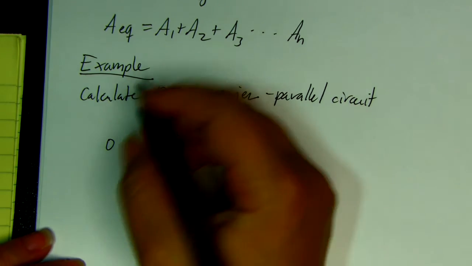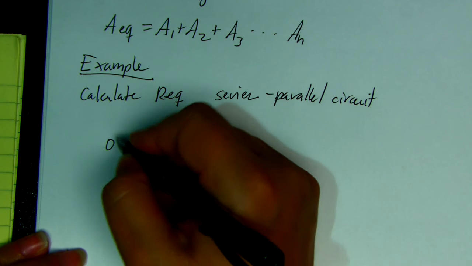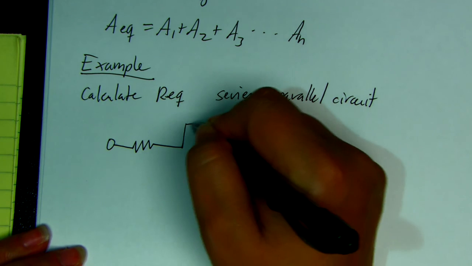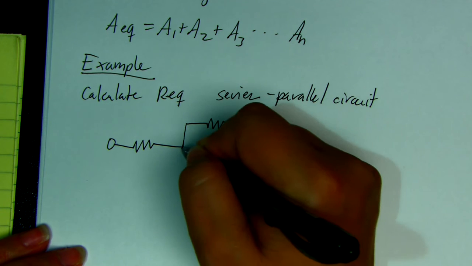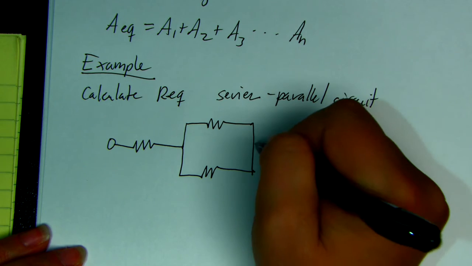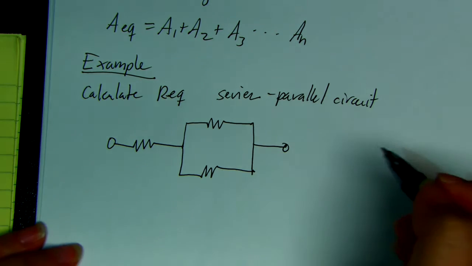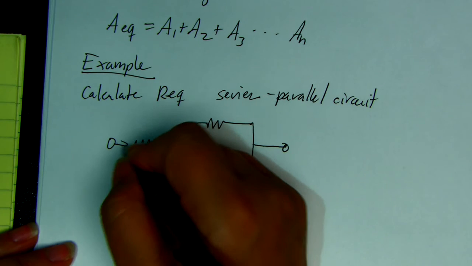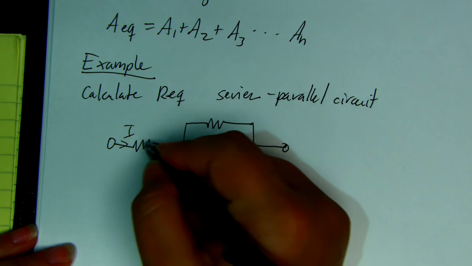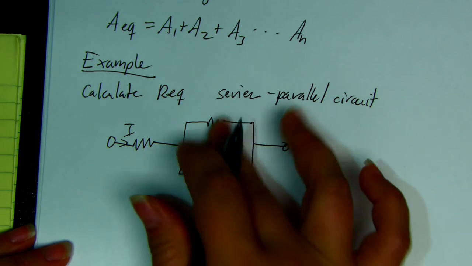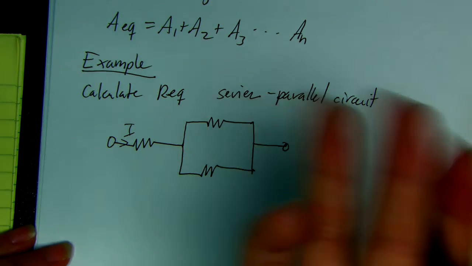When you see this, it just means that there's a circuit coming in. So I'm just going to draw a little piece of it and not draw the whole thing, just to get you familiar if you see that as well. So we've got some circuit, we've got current coming in, and it goes through this resistor, it branches into two branches, hits those two resistors, and then keeps flowing and goes around.